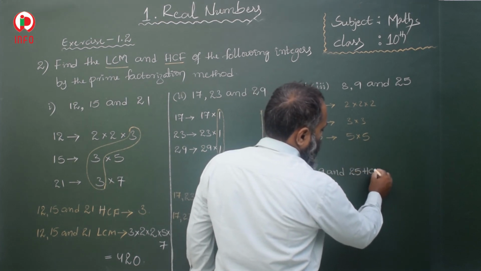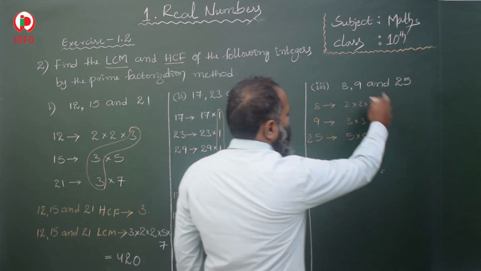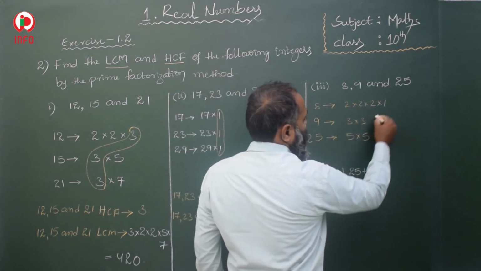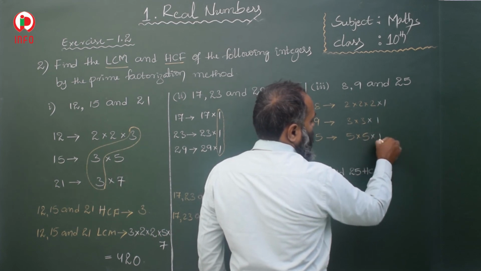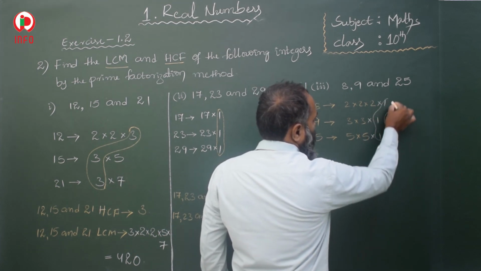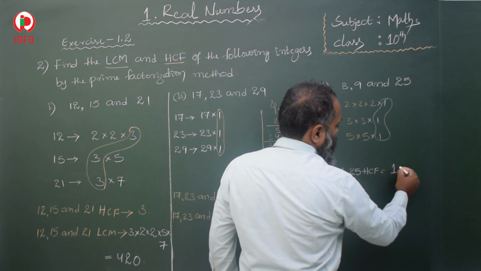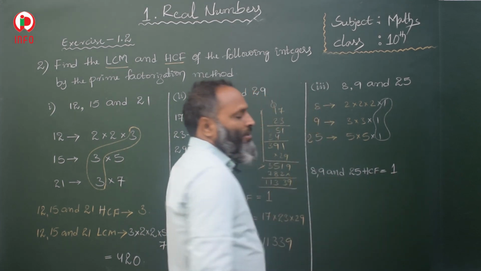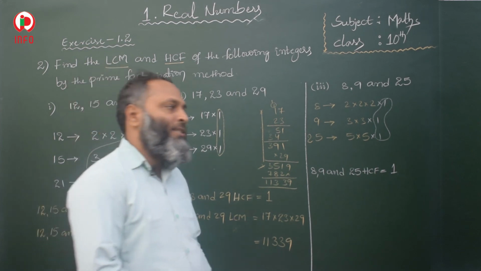HCF, highest common factor. Here nothing is common in all, so they are different. Nothing common means we write into 1, into 1, into 1. So it means 1 is common in all. So 1 is the HCF. If nothing is common in all, then 1 is common.